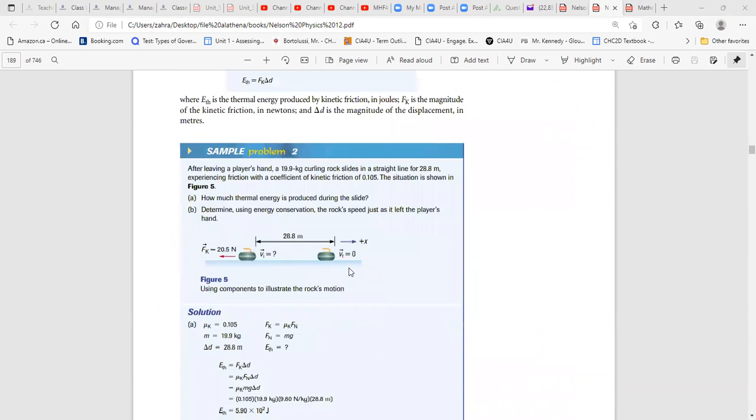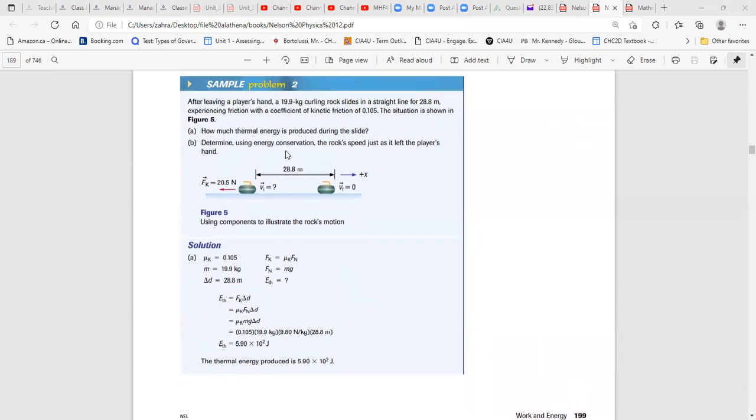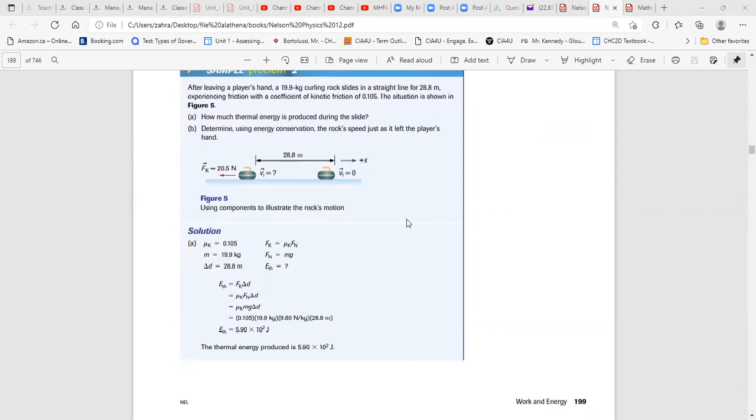Let's just look at this question. After leaving a player's hand, a 19.9 kilogram curling rock slides in a straight line for 28.8 meters, experiencing friction with a coefficient of kinetic friction 0.105. How much thermal energy is produced? So I just need to find the work done by that.